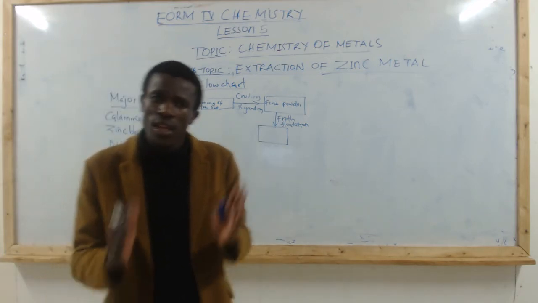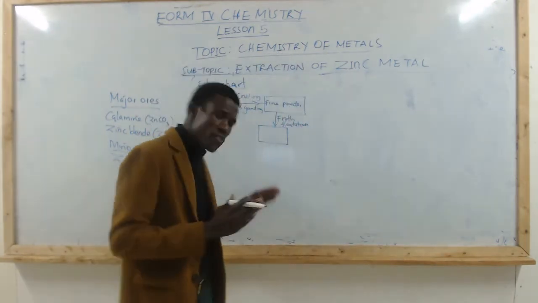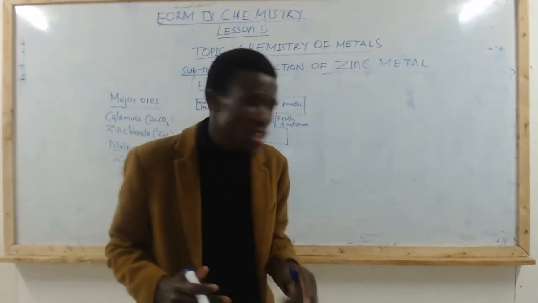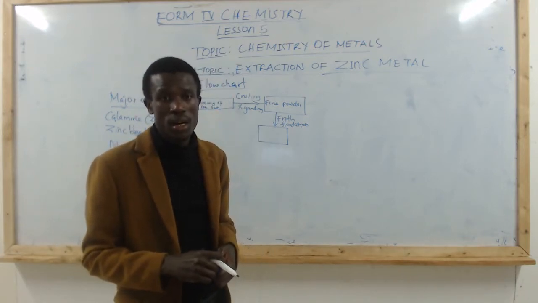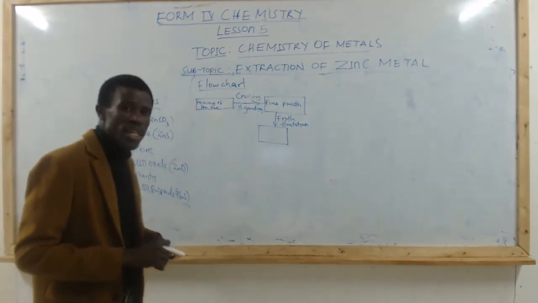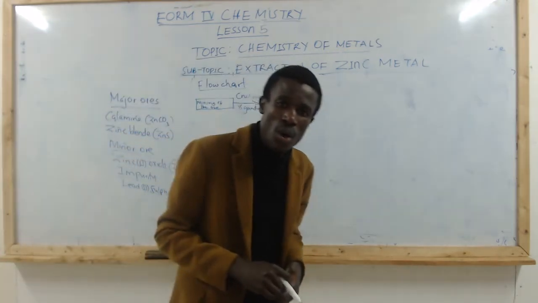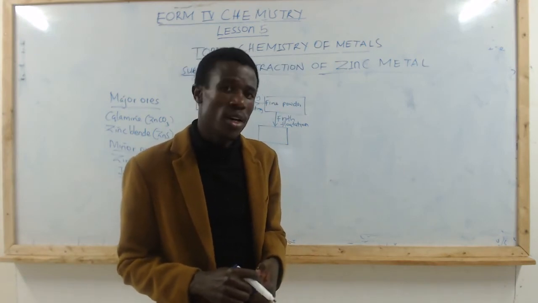If you are dealing with zinc sulfide, then after froth flotation, it is taken to a roasting chamber. But if you're dealing with calamine, which is zinc carbonate, it is taken to a kiln where it is decomposed first to form zinc oxide.